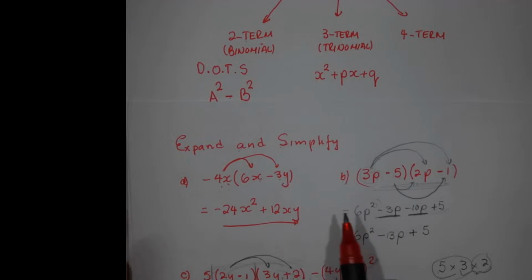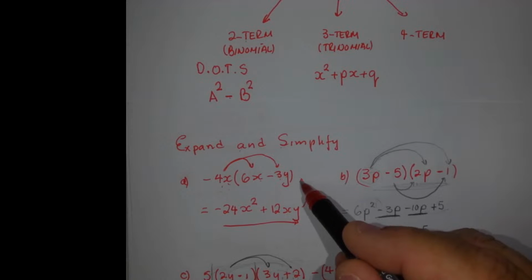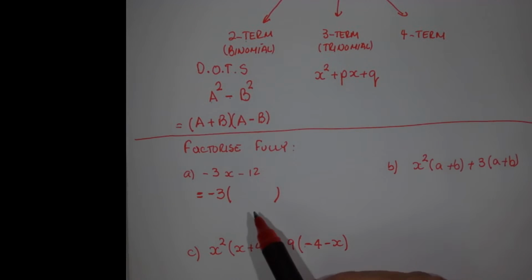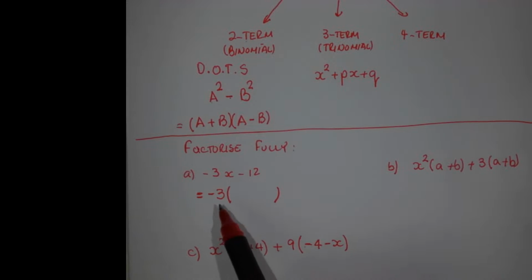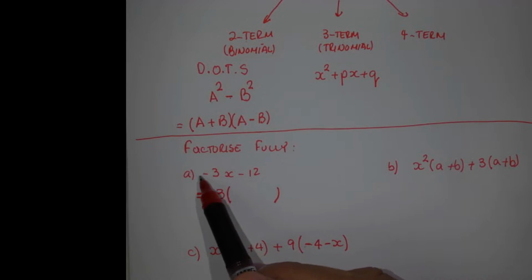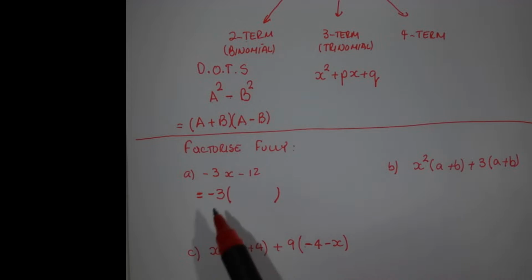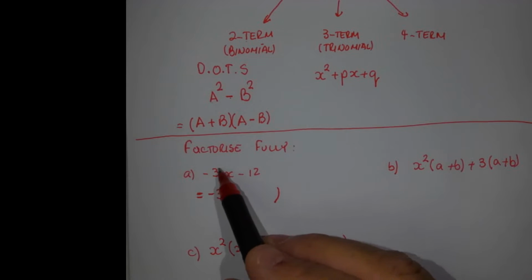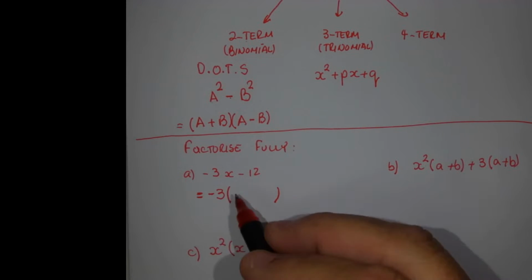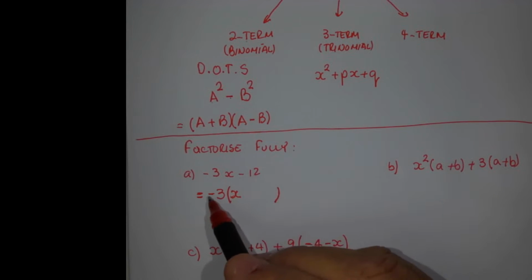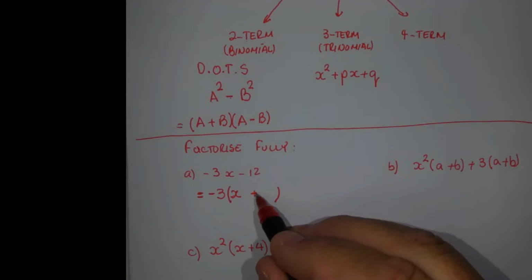So what you're getting now is the expanded form, and what we're asking you to do is go back to that form. All I need to do once I've taken out my common factor is take every term of my polynomial and divide it by that common factor. So when I divide minus 3x by minus 3, that gives me x, and then minus 12 divided by minus 3 gives me plus 4.